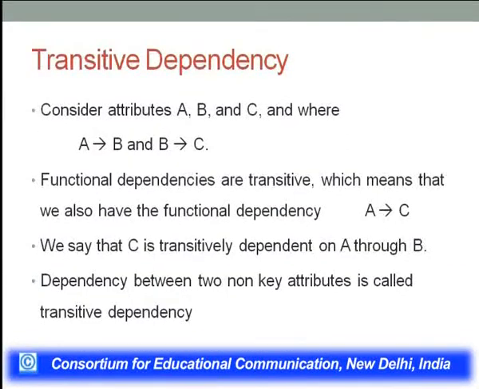Next type of dependency that we discuss is a transitive dependency.